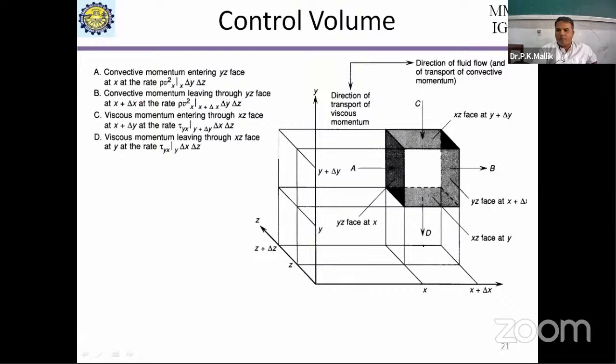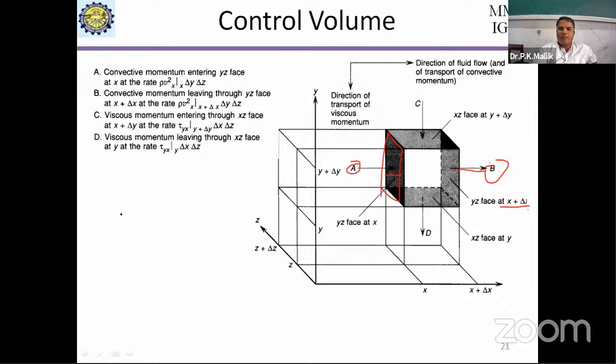Here convective momentum enters through the YZ face, through which the convective momentum enters the control volume, and similarly leaves through the YZ face at x plus delta x.